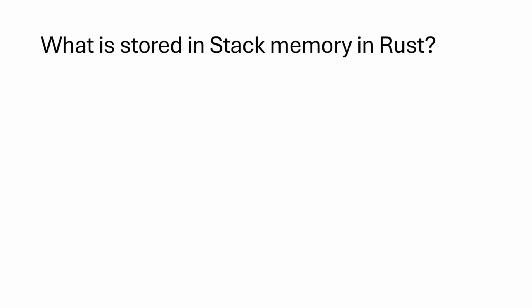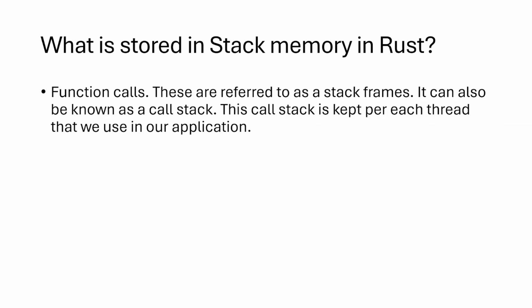Cool. So, what kind of stuff goes into a stack in Rust? Well, the first thing that we talk about when we talk about stack memory is dealing with function calls, or what we call either stack frames, or some people also call it the call stack, right? Basically, all the calls that we make to functions inside of Rust are kept inside the stack, and this is done on a per thread basis.